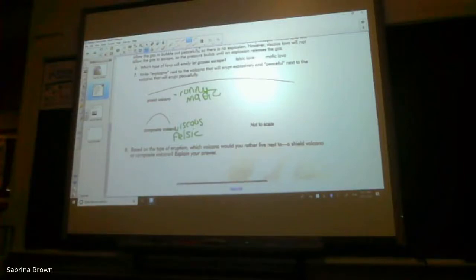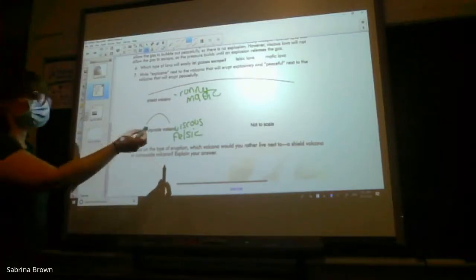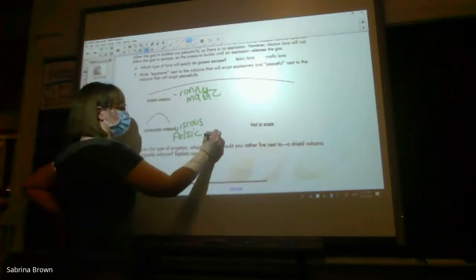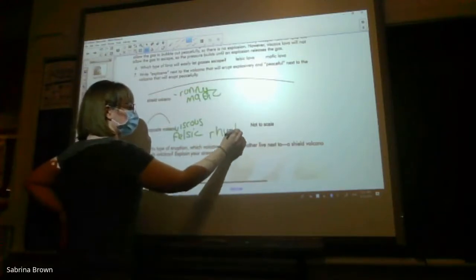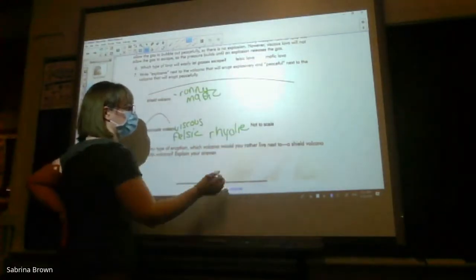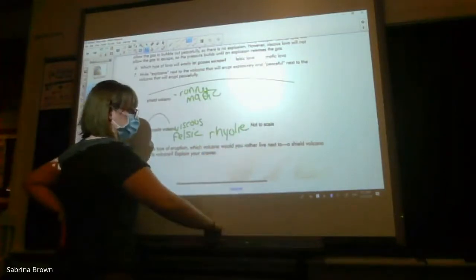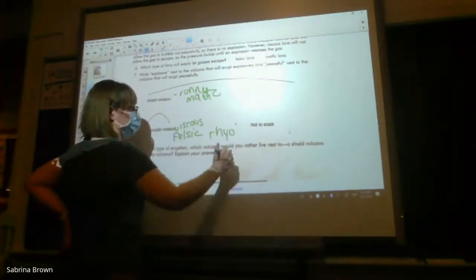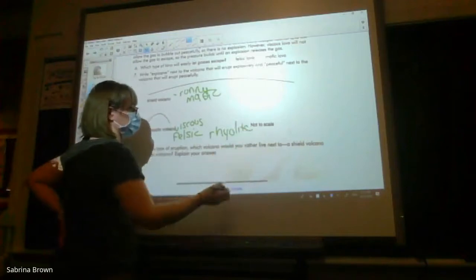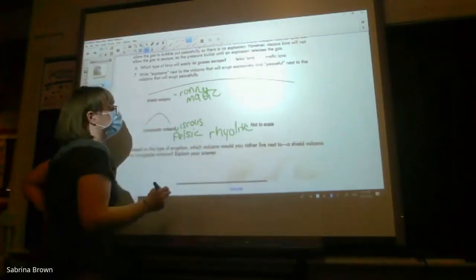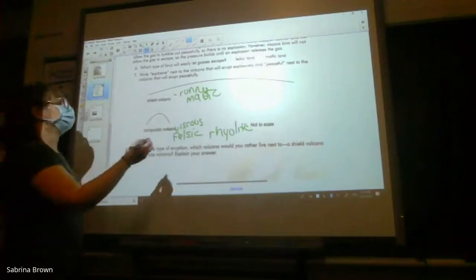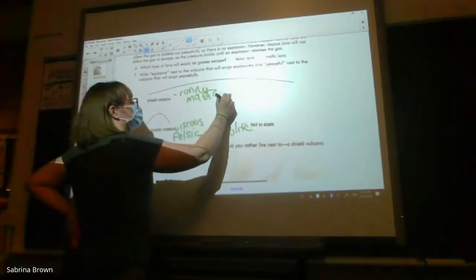And then we have two different igneous rocks associated with these volcanoes. We have rhyolite, which is formed from felsic lava, and basalt, which is formed from mafic lava. So felsic is going to be our rhyolitic volcano, and our shield volcano is going to be made of basalt.